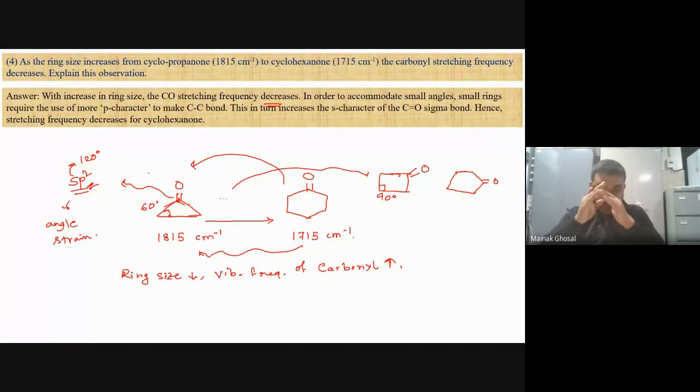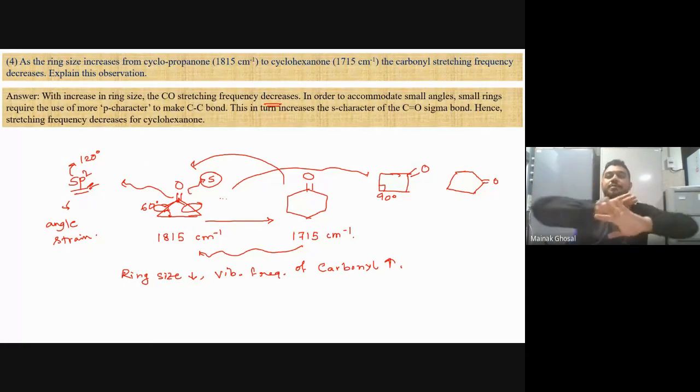Since you are generating angle strain in your molecule, the p character will be much more involved with the bonds, so more s character will be left for the carbonyl. You have some s and p, you are giving p elsewhere, so s goes to the carbonyl bond.